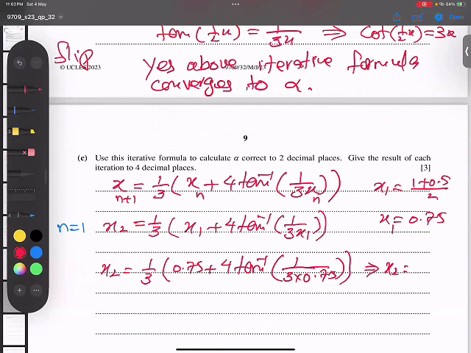Be careful, type in the calculator. 1 over 3, inside I have 0.75 plus 4 times tan inverse, and in the fraction we have 1 on top and down we have 3 times 2.75.